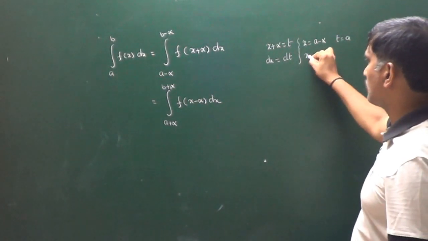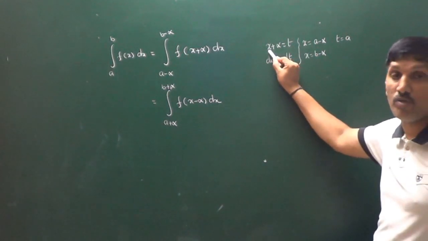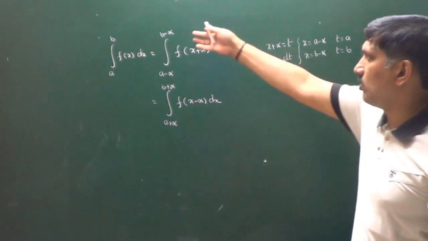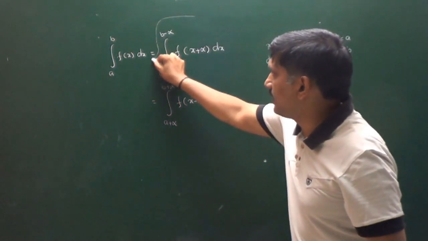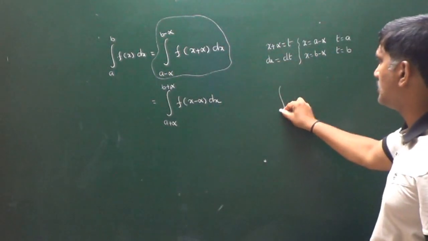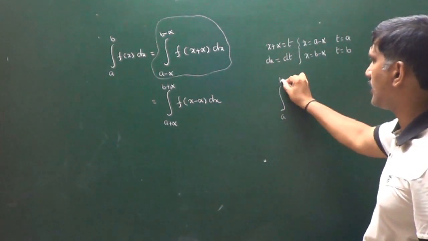If you substitute x equal to b minus alpha, then we get t equal to b. Now that entire integral changes from a minus alpha to b minus alpha into a to b.